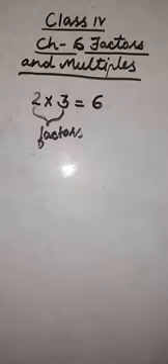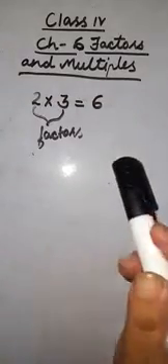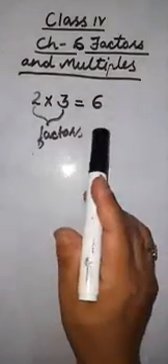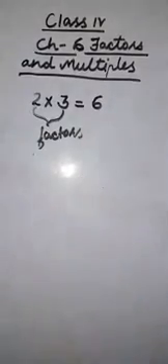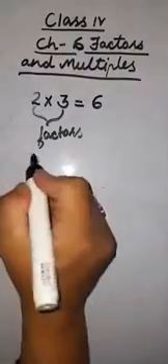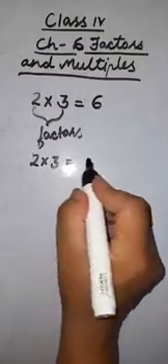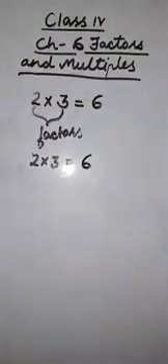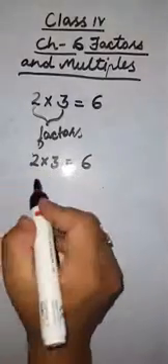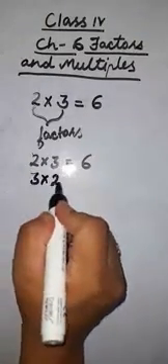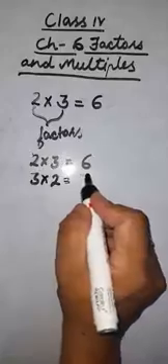And in another word we can say that factors of a number divide the number completely. It means that 2 multiplied by 3 is equal to 6, and 3 multiplied by 2 is equal to 6.